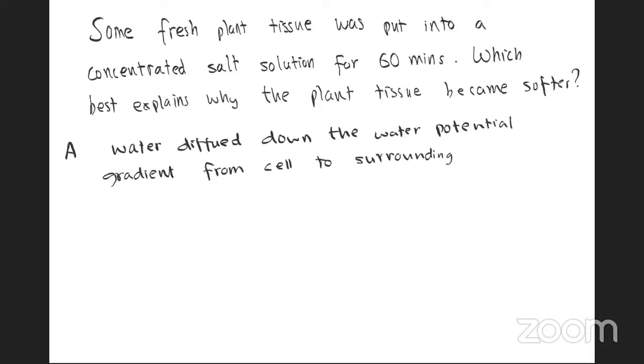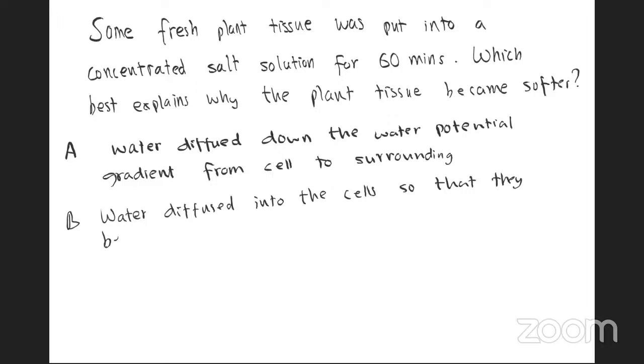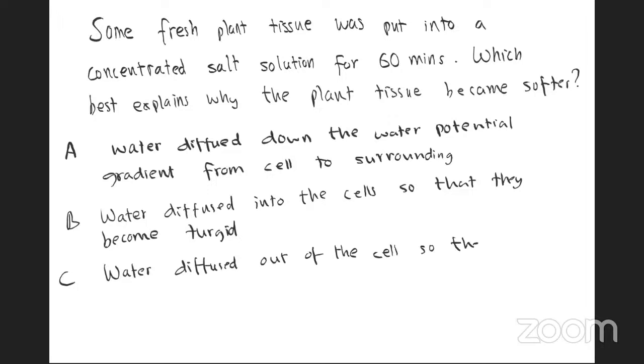Option 2: water diffused into the cells so that they become turgid. The third option: water diffused out of the cell so they become plasmolyzed.